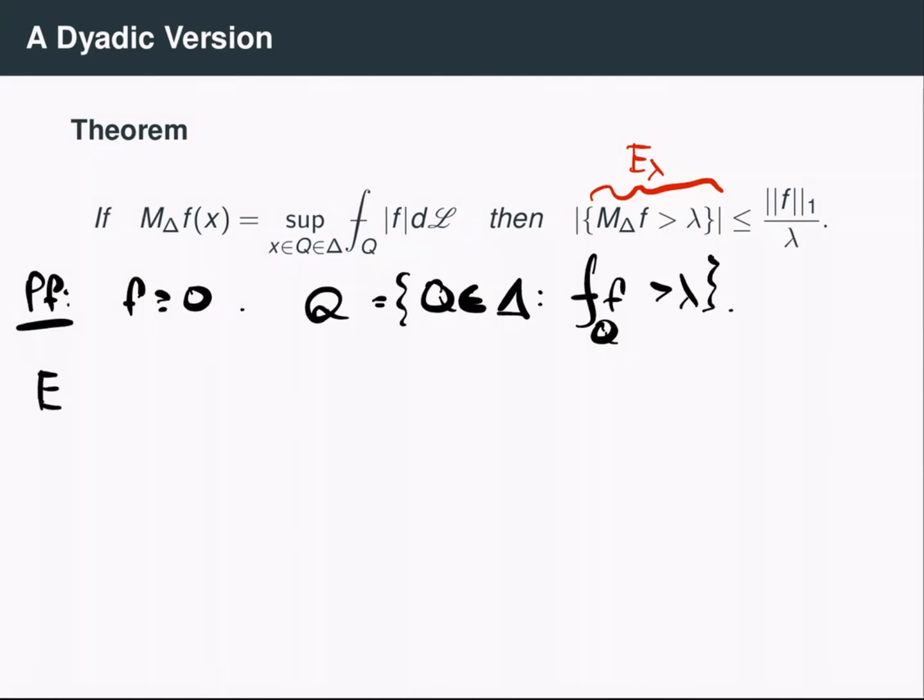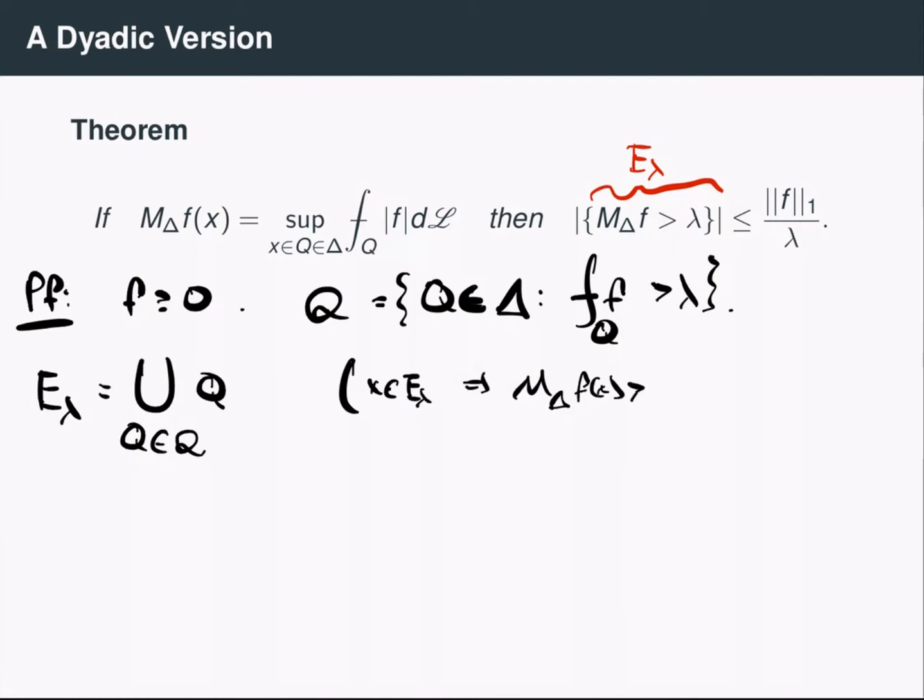All right, so it's not too hard to show that E lambda is actually equal to the union of the cubes in this collection. The reason why is as follows. If x is in E lambda, that implies that the maximal function of f at x is bigger than lambda, but that implies that there exists a cube Q containing x such that the average of f over Q is bigger than lambda.